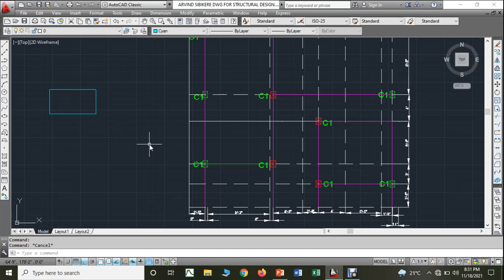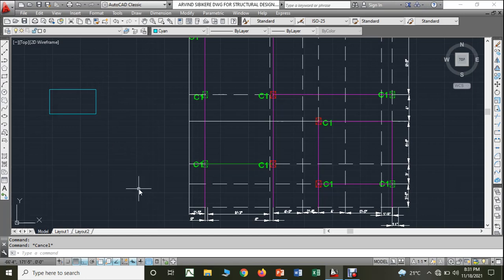Now, the major advantage of having a rectangular column is that the shorter dimension of the column will be made equal to your wall thickness.